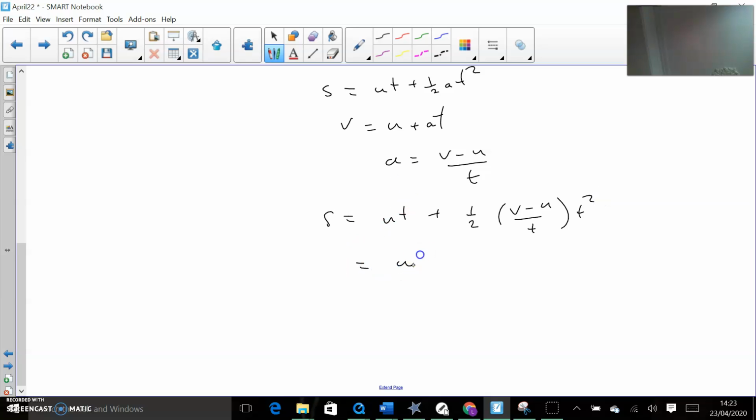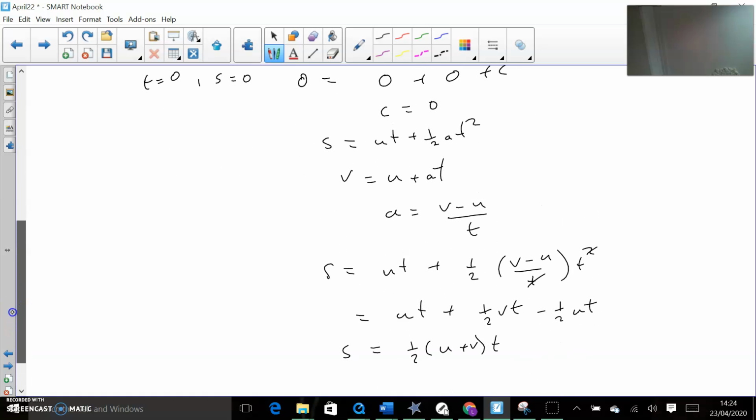So s equals ut plus, one t here cancels that one t there, so that's a half vt minus a half ut. So ut minus a half ut is a half ut. So we get s equals a half u plus v times t. So that's another one.